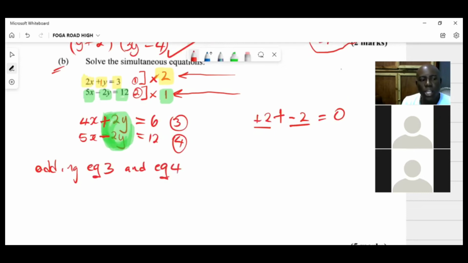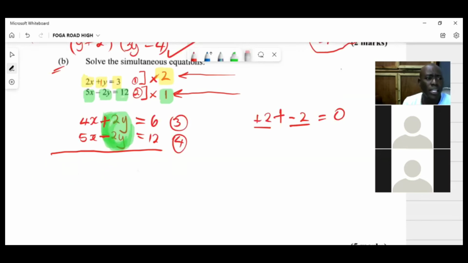Some people draw a line here, or some people write it. It doesn't matter how you do it, just add them. So you draw the line and we just put the value there. 4x plus 5x is 9x. This part cancels and becomes 0 because it's a negative and positive of the same number.